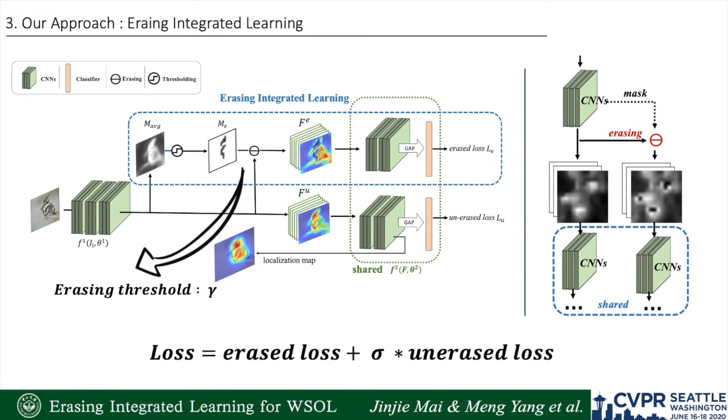Then we feed both the erased and unerased feature maps into the next convolutional block, which creates two data flows. Such treatment can also be regarded as a dual-branch network with shared weights, so the final loss is produced by the two classification losses from the erased feature map and the unerased feature map, respectively.